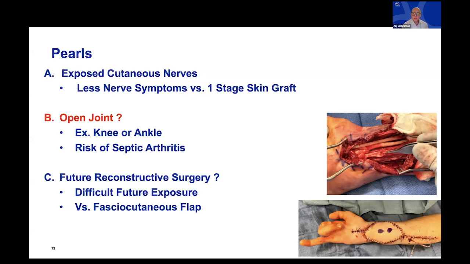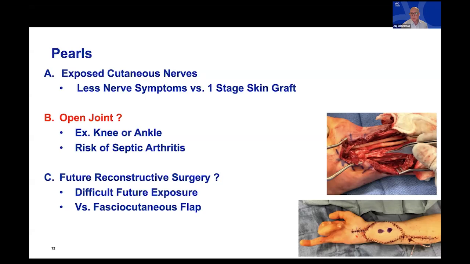So patients may need nerve grafting at a future time, or tendon transfers later on, or removal of scar tissue around tendons, tenolysis, to improve motion. I would not consider this technique as one that you can go back through several times for future staged reconstructive surgeries. But the fasciocutaneous flap is ideal for that.